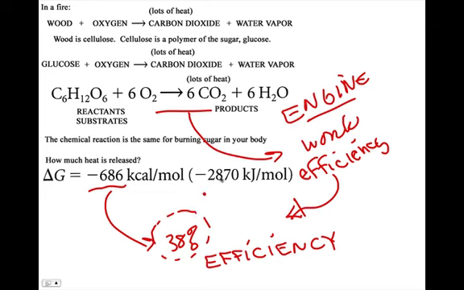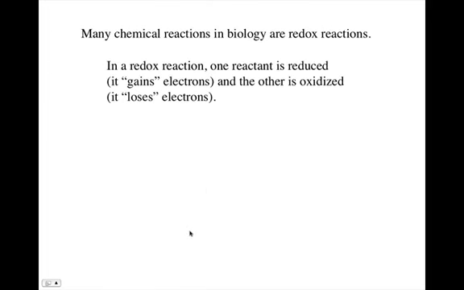An engine captures energy released in chemical reactions, and we'll see in Chapter 9 that we're going to have a very efficient energy engine. And that's one of the key things about how evolution has sculpted what is a kind of a complicated multi-step chemical reaction, a series of chemical reactions we'll see in Chapter 9, to capture as much energy as possible.